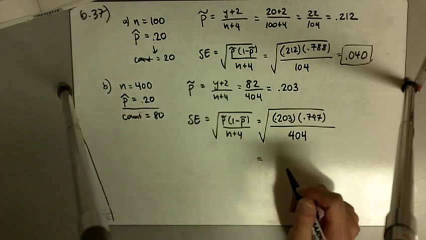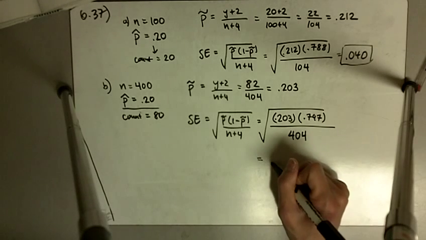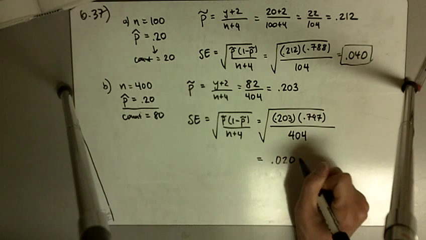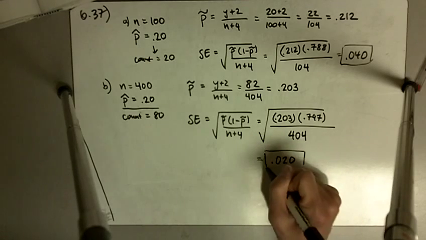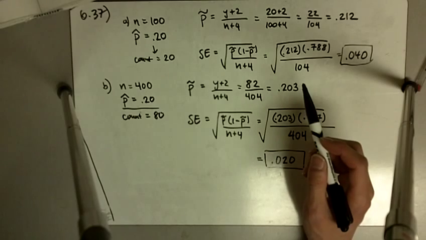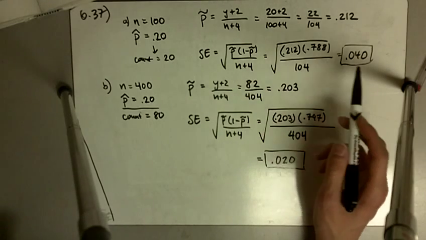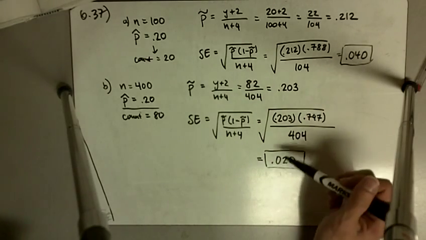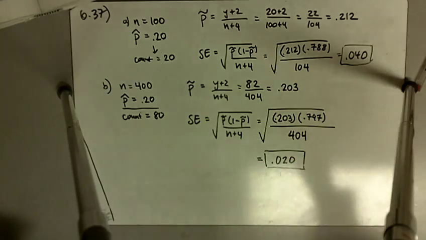And if you do that calculation, you get 0.020. And that also reflects the change that when you quadruple the sample size, the standard error gets cut in half.